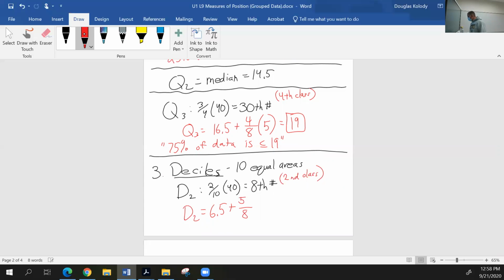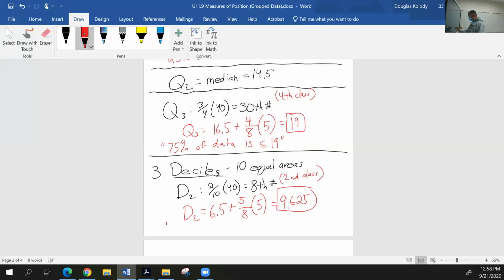That's right. So of the 8 numbers available in the second class, I only need 5 of those numbers to get to the 8th overall number. Okay, times the class width. And I get my second decile of 9.625.